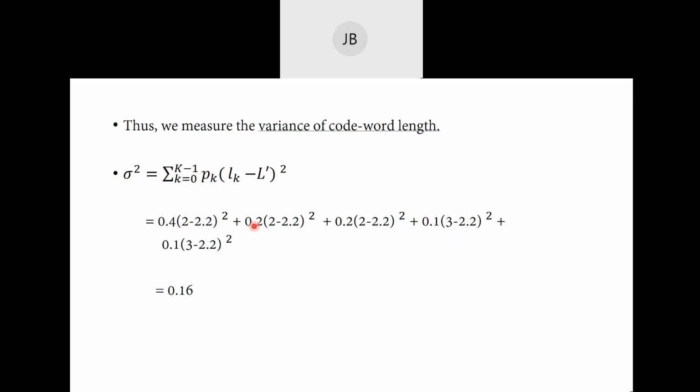Similarly, for the second symbol, its probability is 0.2. Its code word size is also 2. There were 2 bits in its code word, and the average code word length remains the same in all these, that is 2.2. We substitute them here for every case and find the variance by substituting in this equation for every symbol k. Okay, this gives us the variance.